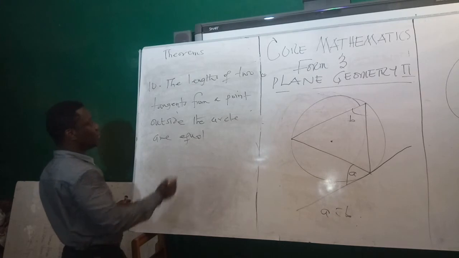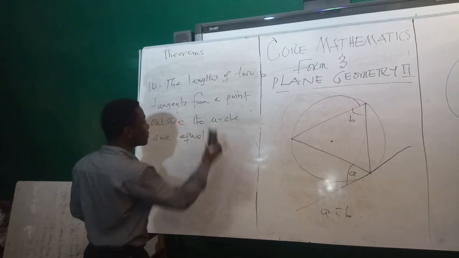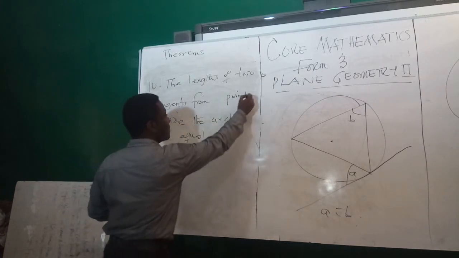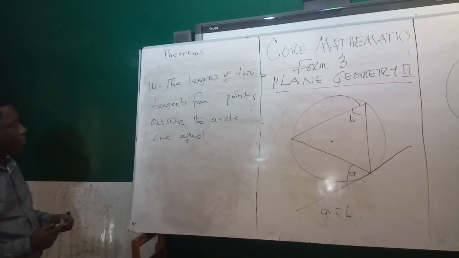In fact, you should read from points outside the circle are equal.